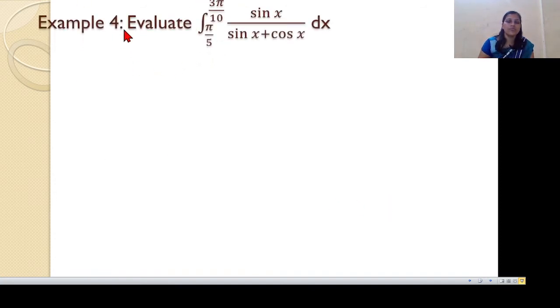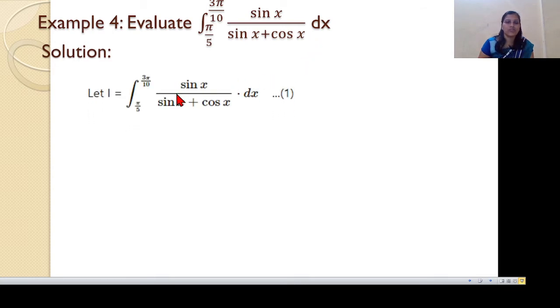Then we move to our next example, that is example 4. In example 4 we have to evaluate this integral, from pi by 5 to 3 pi by 10, sin x upon sin x plus cos x dx. So let us solve this problem.